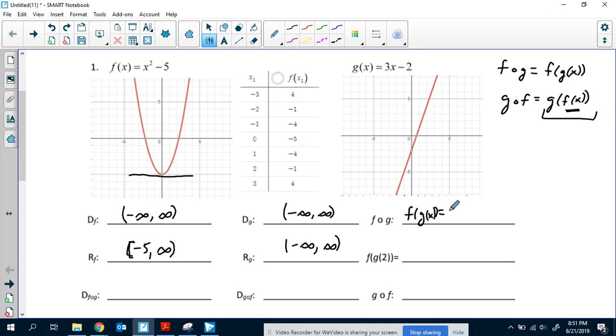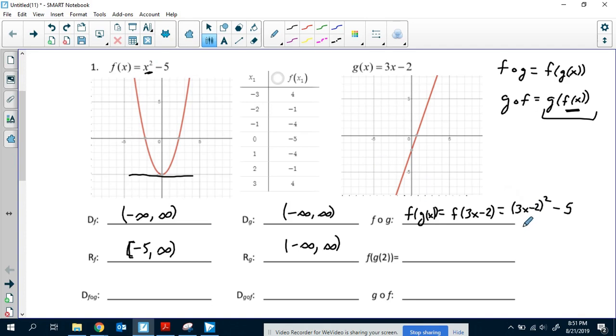Sorry, I'm missing a parenthesis. That's the same thing as f of 3x minus 2, which is the same thing as (3x minus 2) squared minus 5. So notice I substituted g in where x was in f of x.